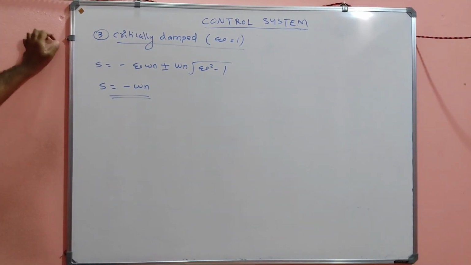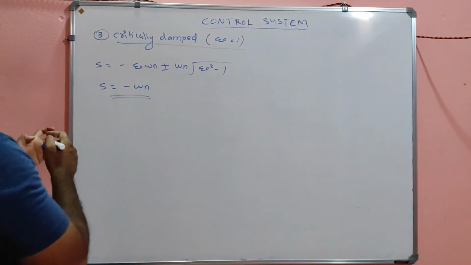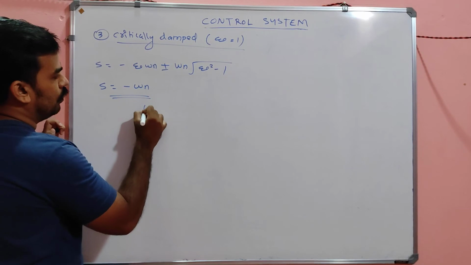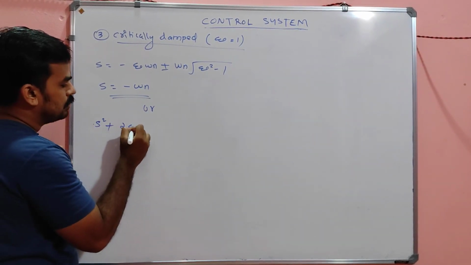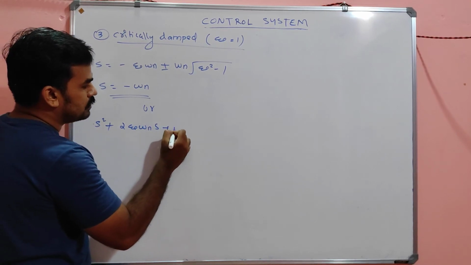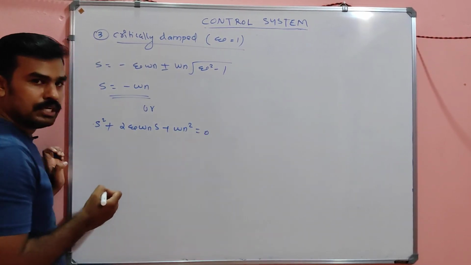Theta equal to 1 now, so 1 minus 1 is 0. See, what was the characteristic equation? S square plus 2 theta omega n S plus omega n square is equal to 0.